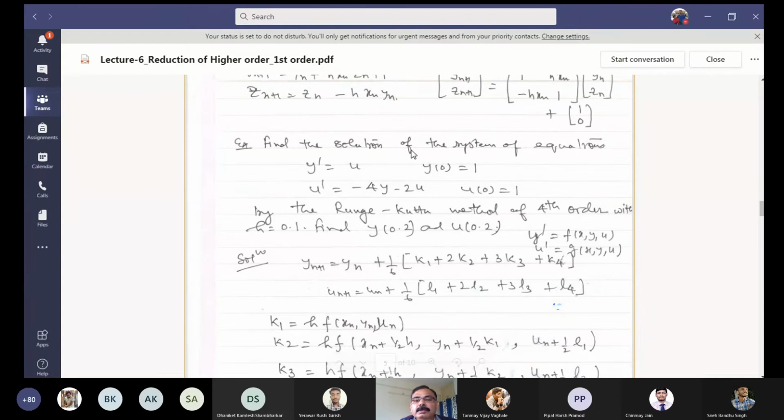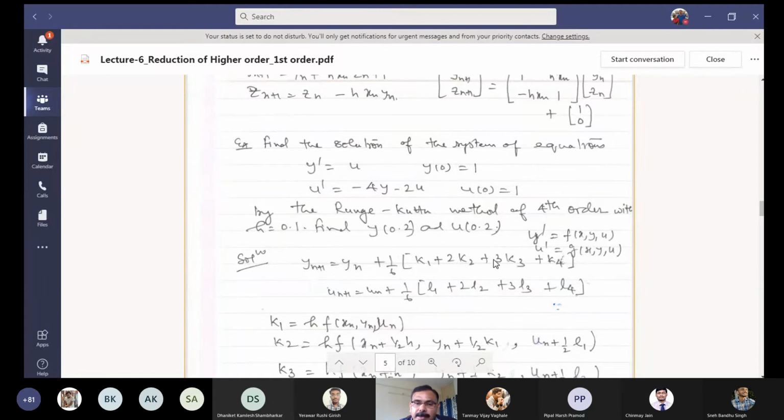Find the solution of the system of equations y prime equal to u and u prime equal to minus 4y minus 2u. The conditions are given as y0 is 1, u0 is 1, by Runge-Kutta method of fourth order with h equal to 0.1, and then you have to find y.2 and u.2. Here there is one error.